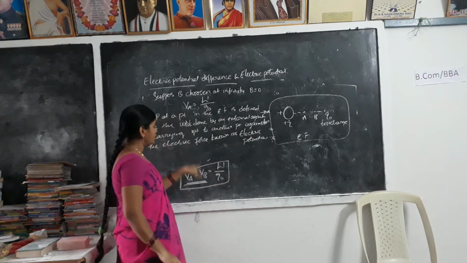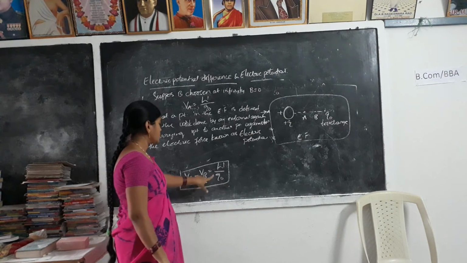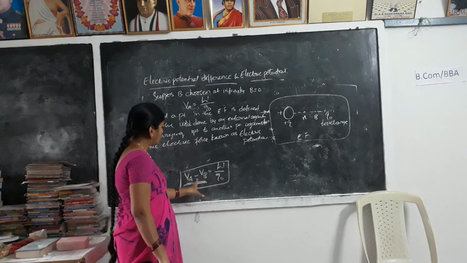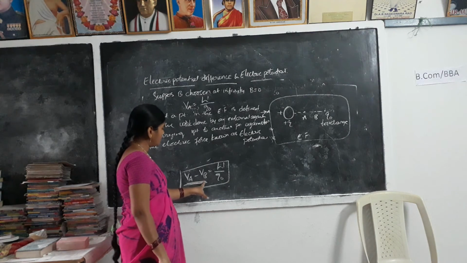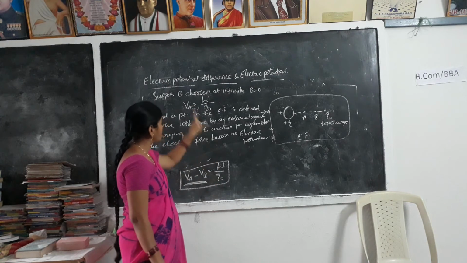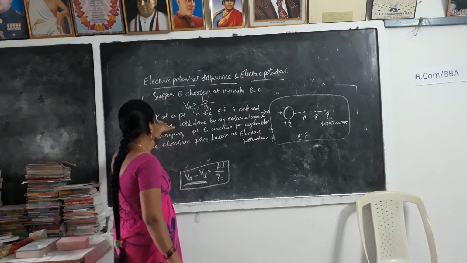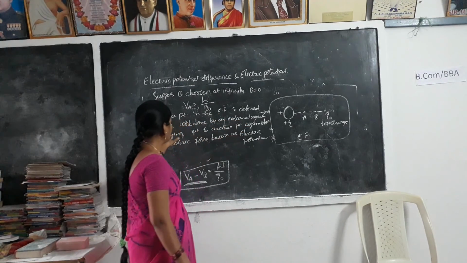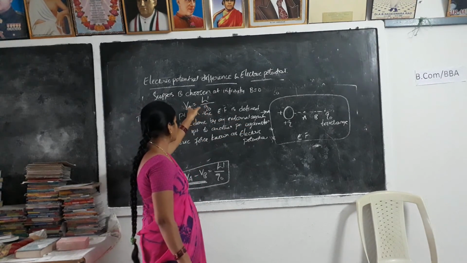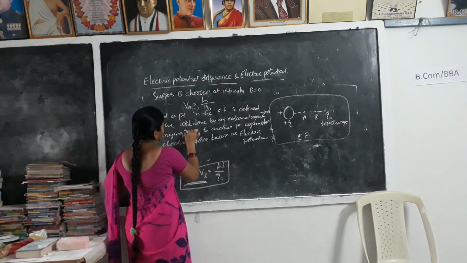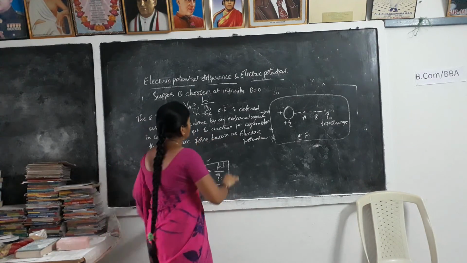And how do we define electric potential difference? The ratio of work done in moving a test charge from one point to another point in an electric field to the magnitude of the test charge is known as electric potential difference. The electric potential at a point in the electric field is defined as the work done by an external agent in carrying the test charge Q naught from one point to another point.